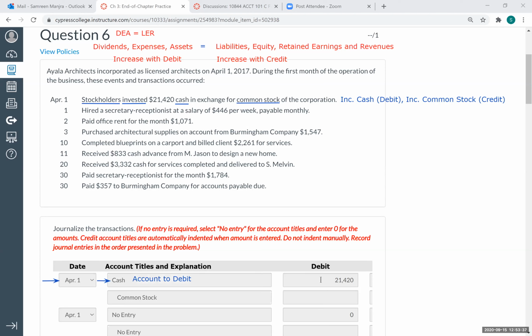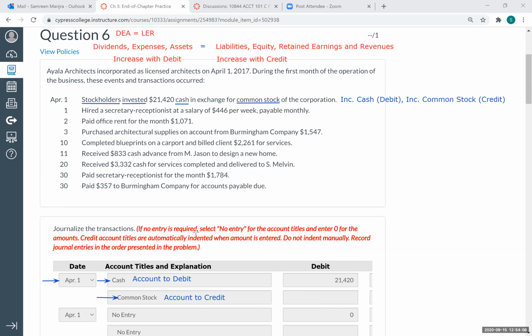The account that we will credit will be listed on the next line, and you will also notice that there is a small indentation for the account that we're going to credit to make it easier to view. And the dollar amount that we're going to credit will go into the credit column. The other columns that we don't use are just going to stay blank. So that's the first transaction.